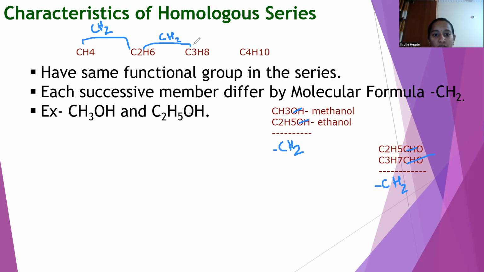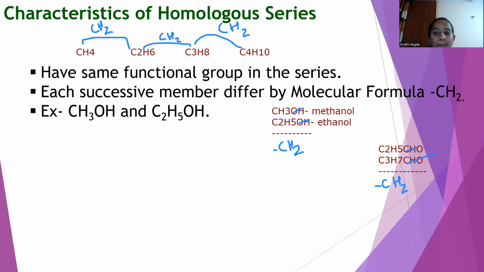Now C3 and C4: 1 carbon is extra, H8 to H10, 2 hydrogen is extra. So in any homologous series you take, successive members will always differ in molecular formula by CH2. Got it?